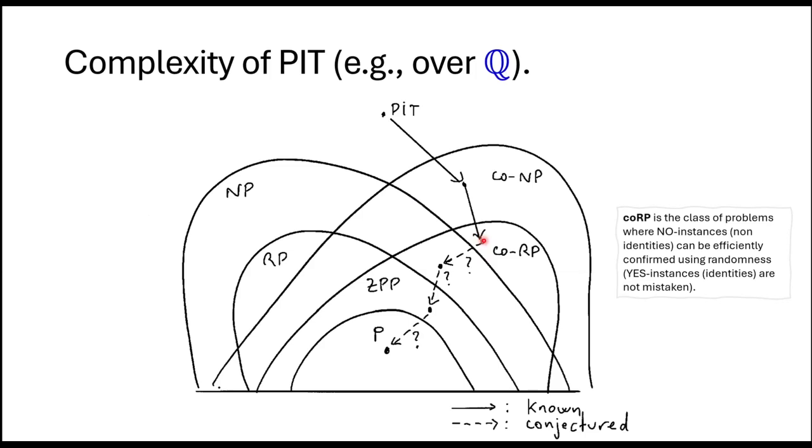So we know it is in co-RP. It is unknown whether it is in NP or in P, though it is conjectured that PIT is actually doable in P, namely in deterministic polynomial time, but this is a big open problem.